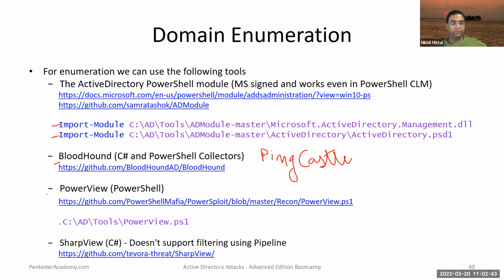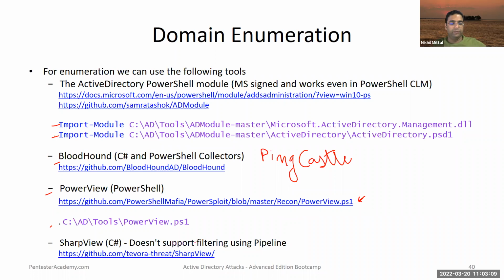Then PowerView, of course. We are not going to use this version of PowerView. This needs to be updated in my lab. The version that we are going to use is a fairly recent one, so I'll update that and push it on OneDrive. But this is how you can load PowerView, or you can use Import-Module.